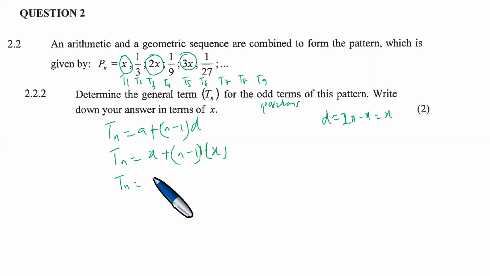As a result, we have the following: x plus xn minus x, so the answer is xn. The answer is xn.